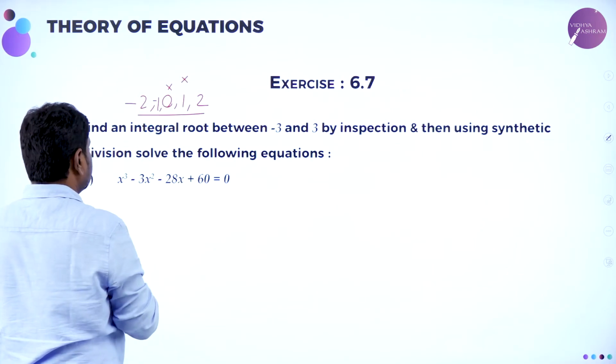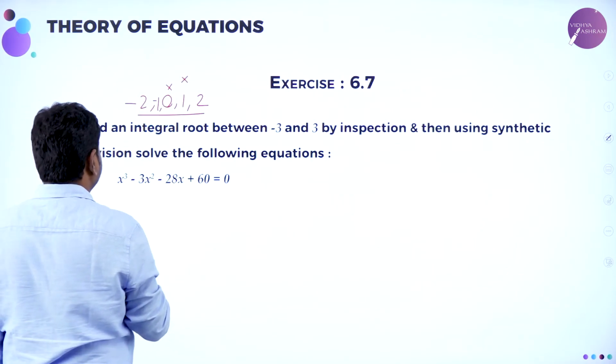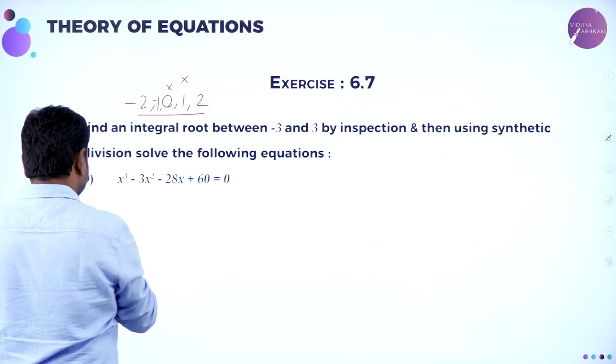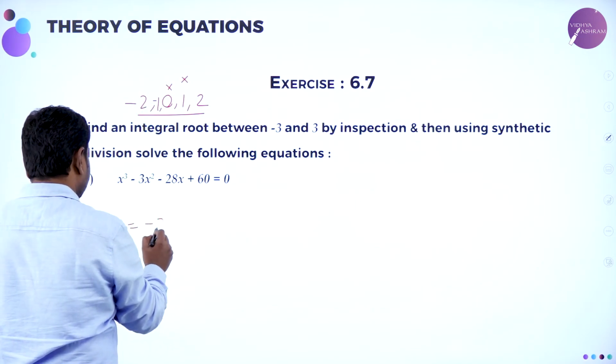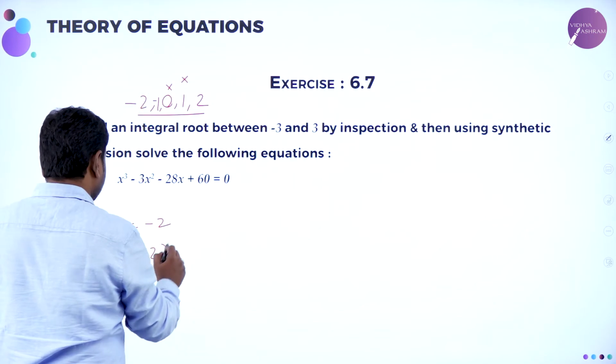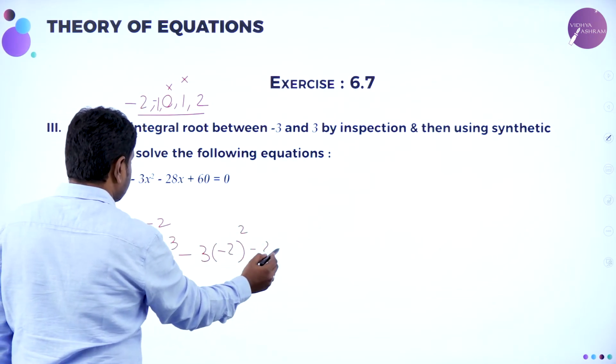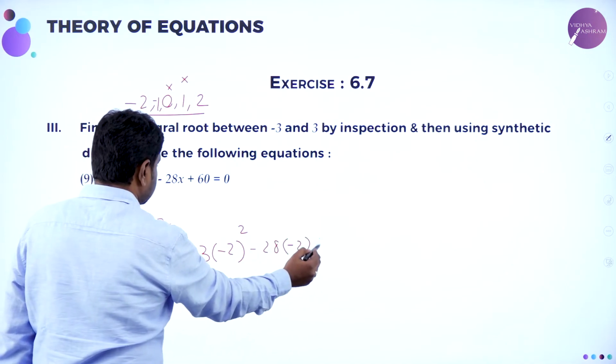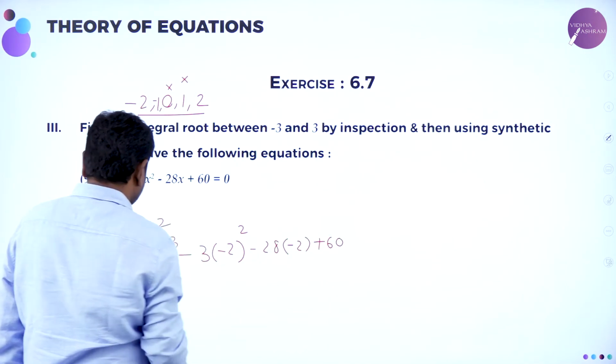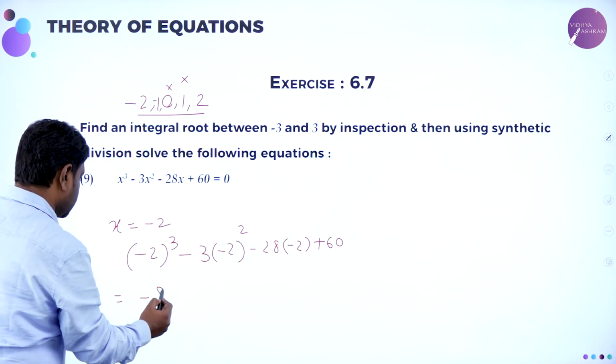I will try with 2. If it fails, I will go to minus 2. Or I will start with minus 2. Let us try x as minus 2. Minus 2 cube, minus 3 into minus 2 square, minus 28 into minus 2 plus 60. Minus 2 cube is minus 8.